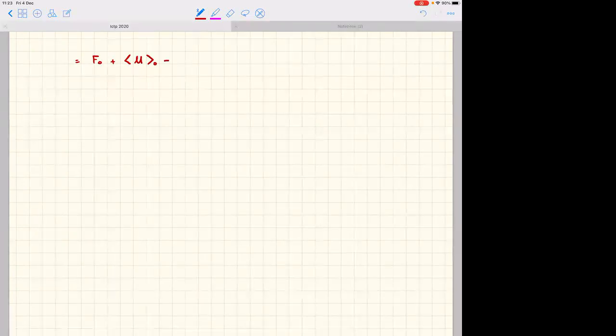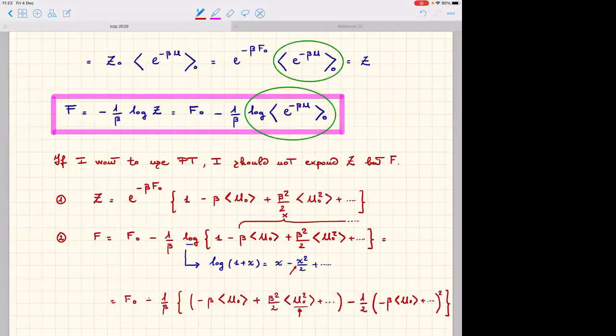Minus beta over 2 times U naught squared. So this is what was coming from this term here.